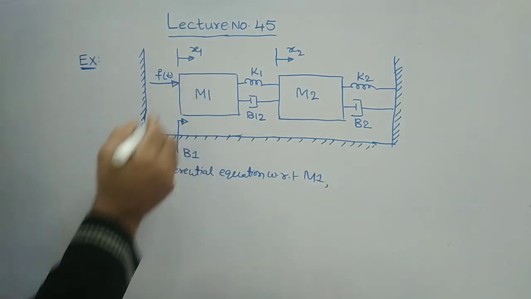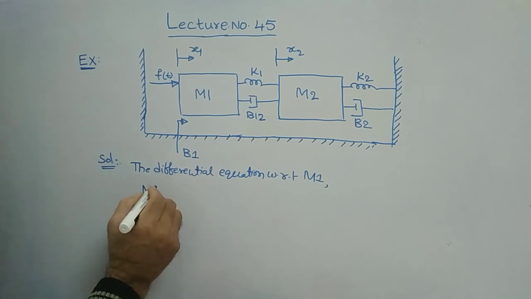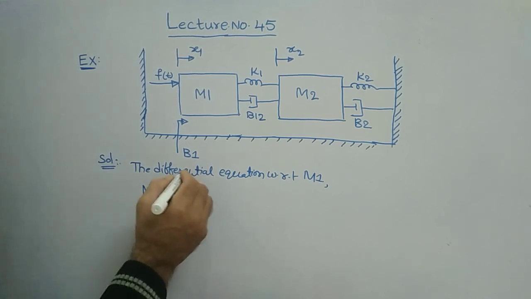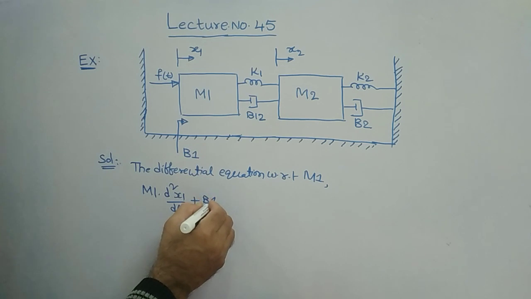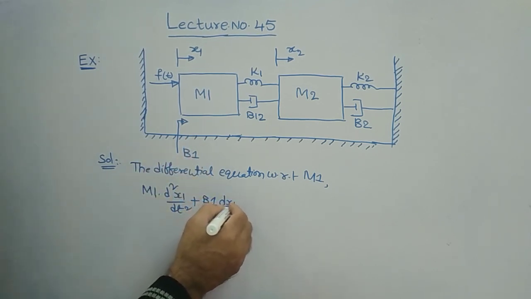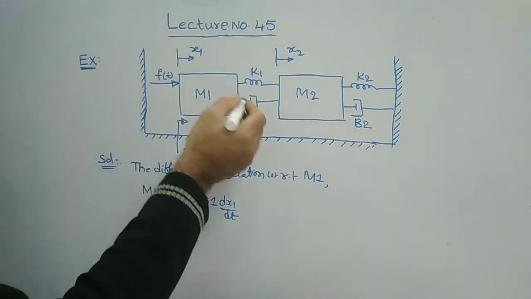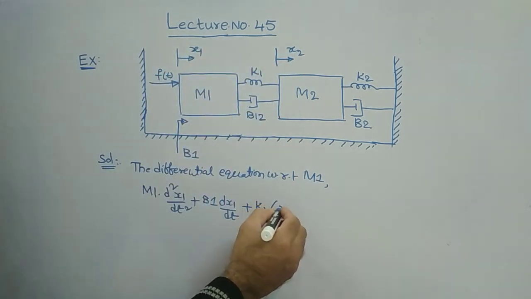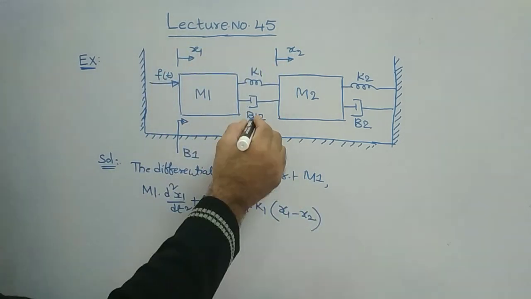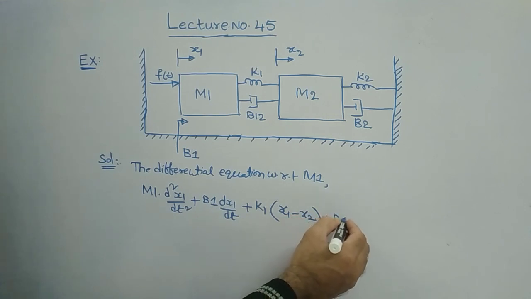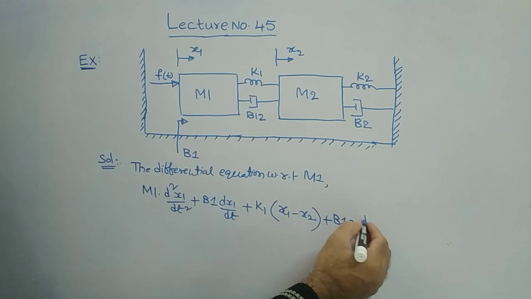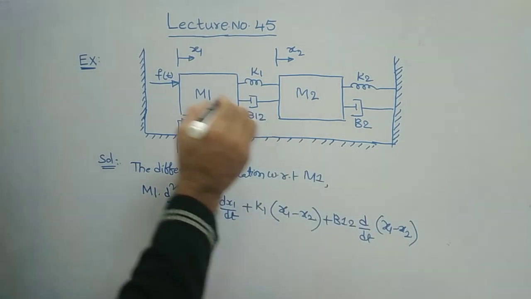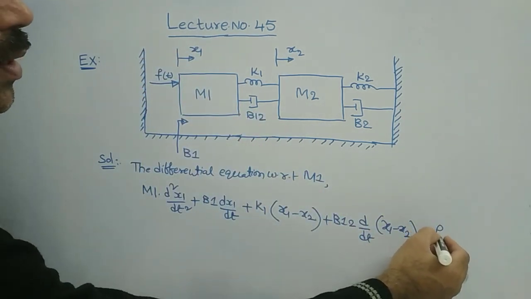It is M1 d square x1 by dt square plus b1 dx1 by dt, plus k1 of x1 minus x2, plus b12 of d by dt of x1 minus x2, is equal to f of t.